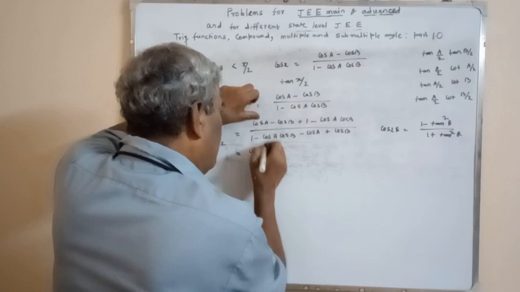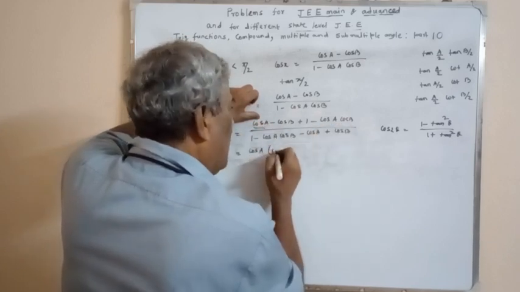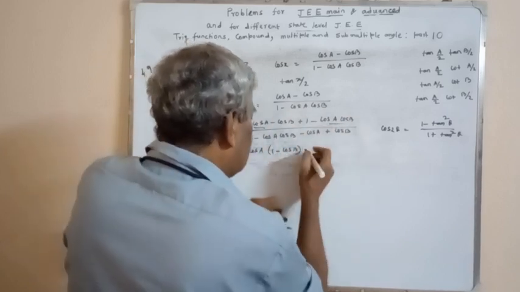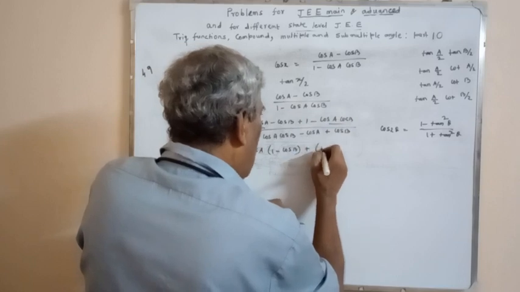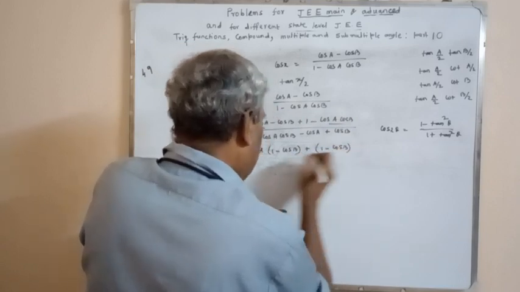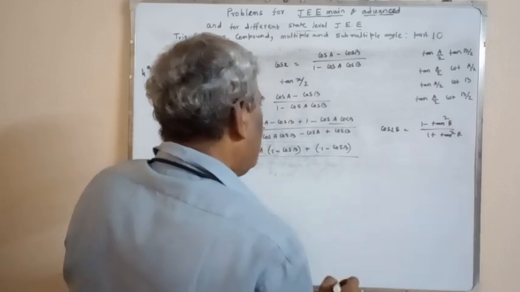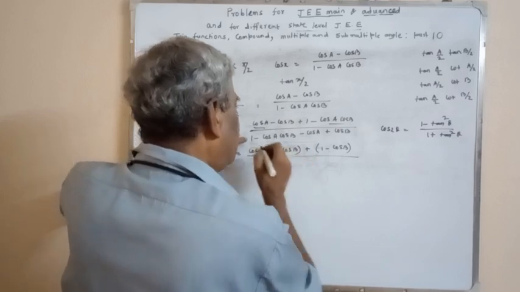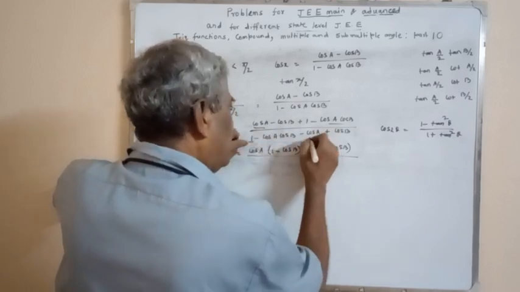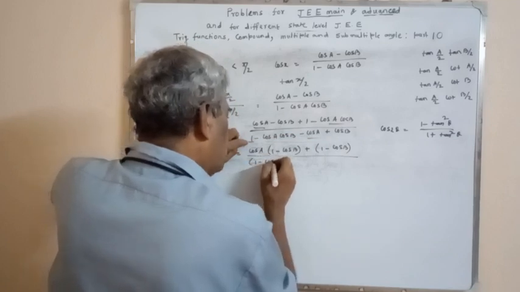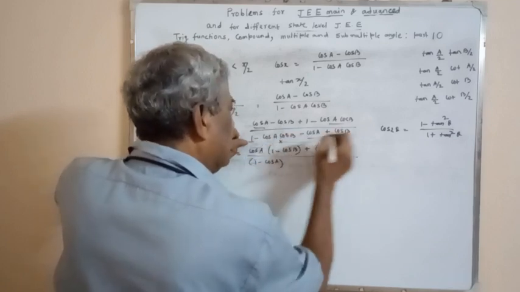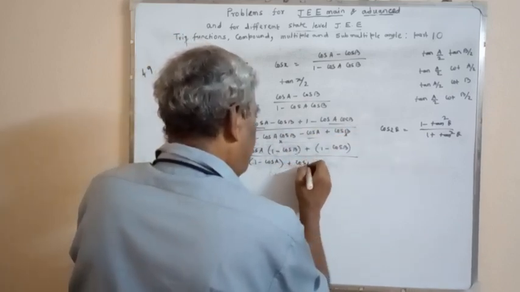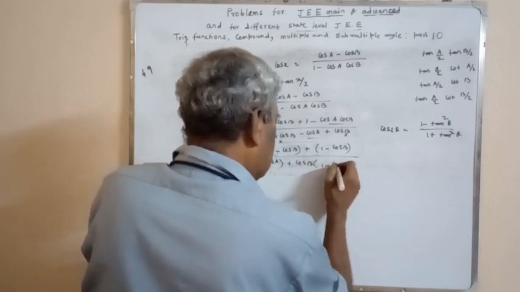Taking common cos A, it is 1 minus cos B, this with that, plus 1 minus cos B. In the denominator, they together are 1 minus cos A, and taking cos B common, 1 minus cos A.